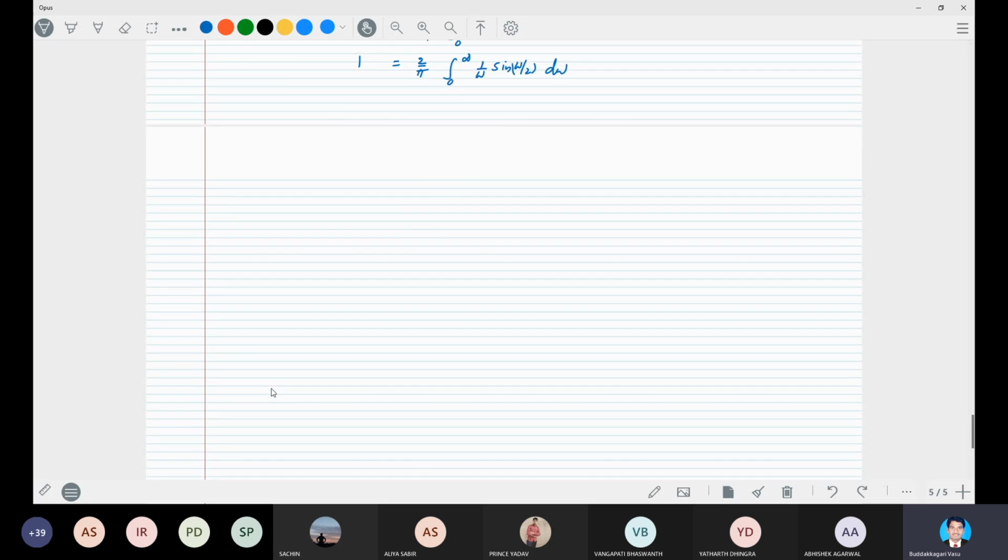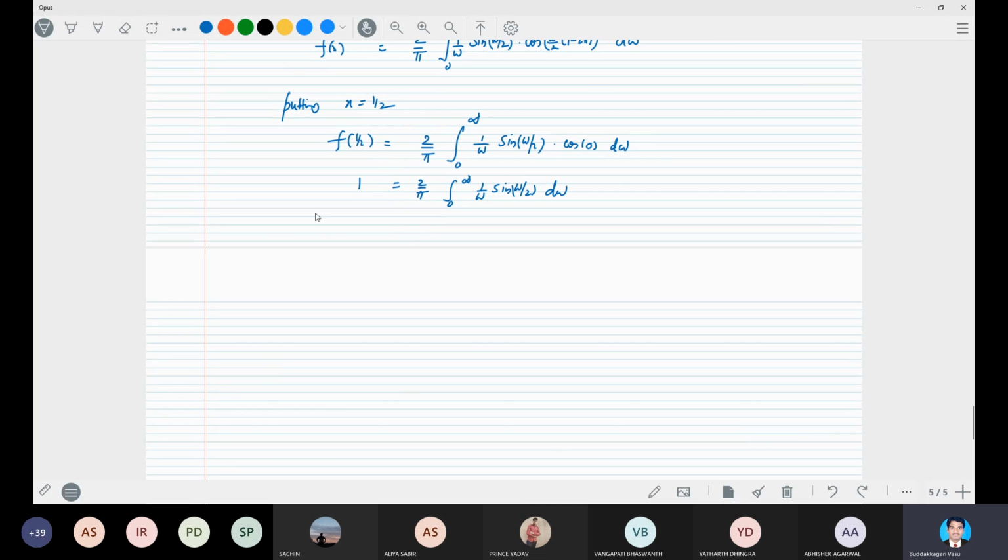Or we can write it as integral 0 to infinity sin(x by 2) by x dx is equal to pi by 2, right?